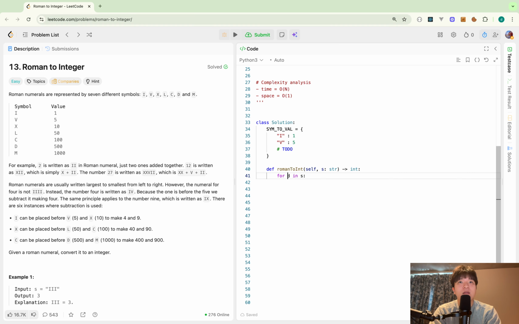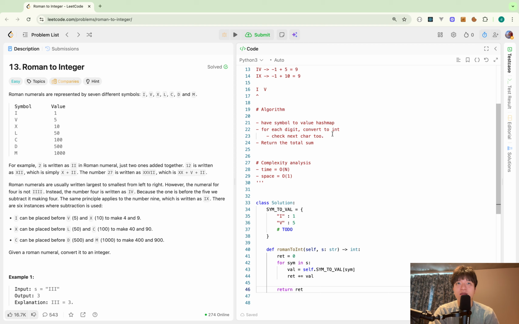For each symbol, the value should be... so this is the return of the total sum.